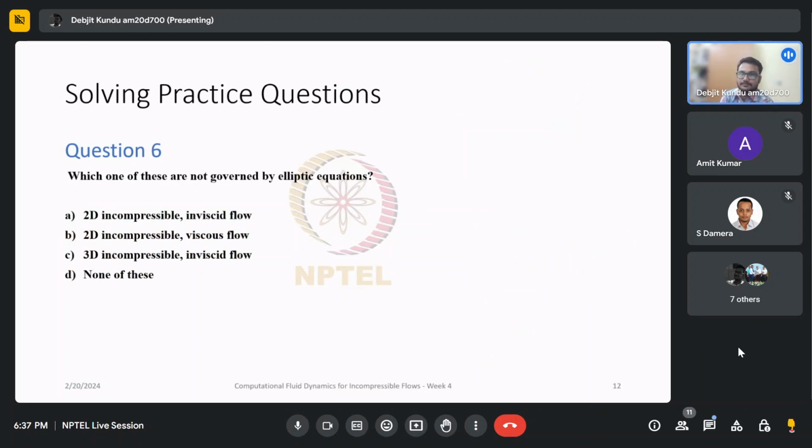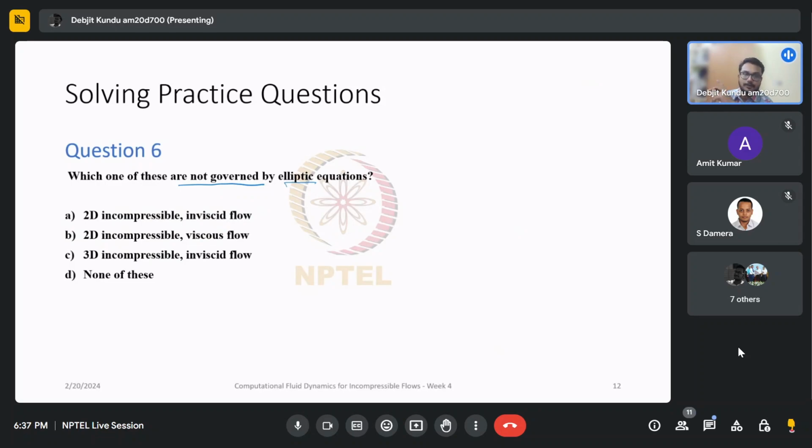We'll move on to question number 6 now, which is asking us which one of these. Here again, three different scenarios are given in options A to C, and option D is none of these. You have to pick which of these are not governed by elliptic equations. A few of them may be elliptic equations, some of them may not be, or it can also be that all of them are elliptic equations.